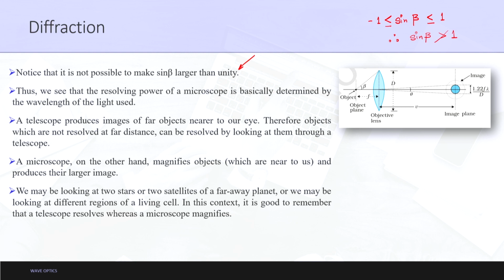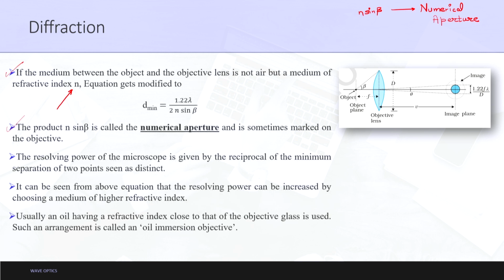Thus we see that the resolving power of a microscope is basically determined by the wavelength of the light used. What is resolving power? Resolving power is inversely proportional to d min, that is, proportional to 1 by d min.